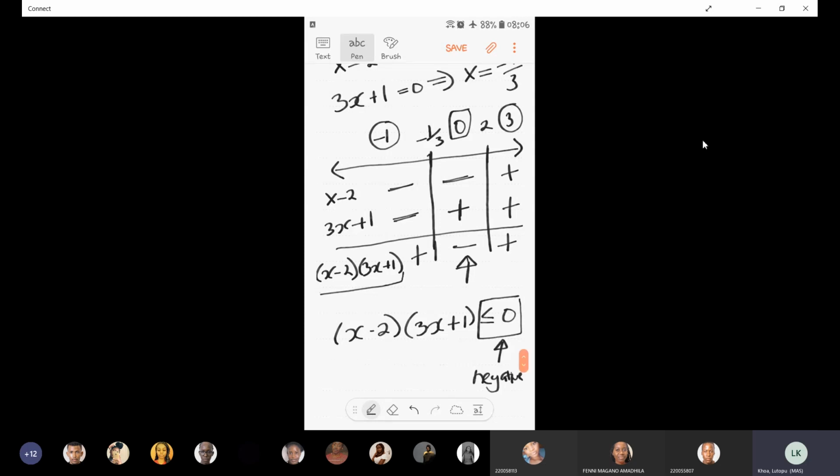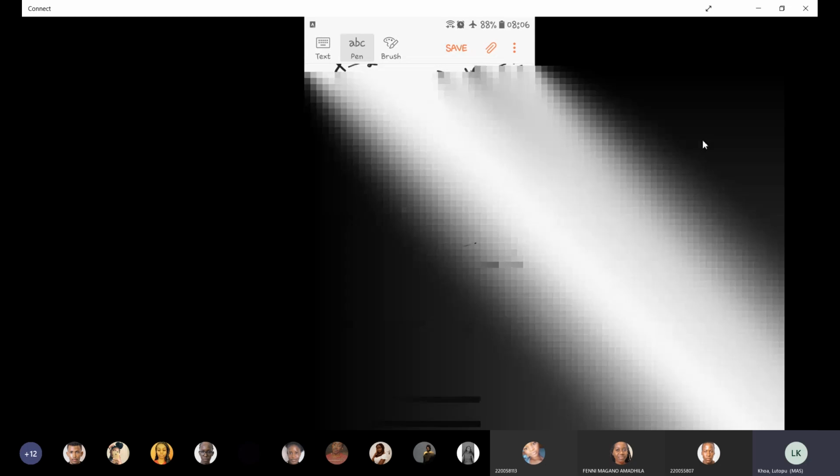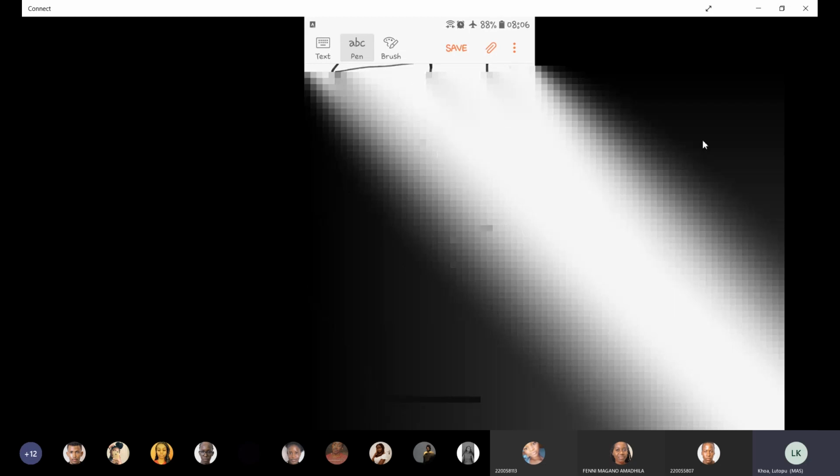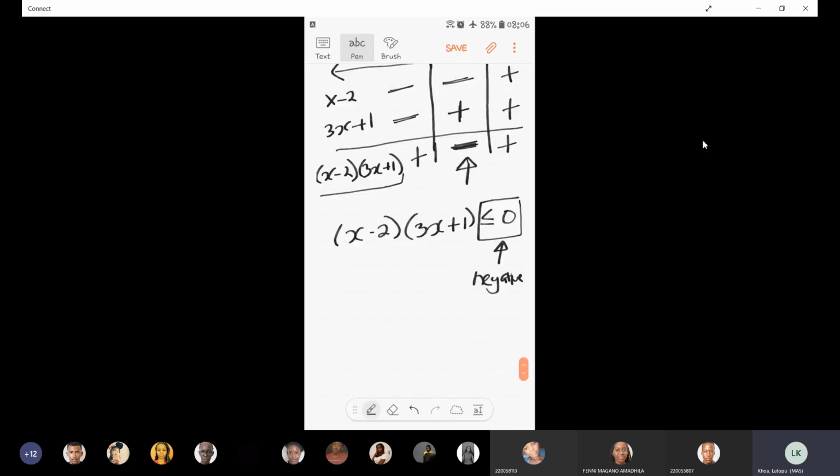So I go to my table. In the last row, the column that gives me negative, so that's that one over there. And that means the numbers between -1/3 and 2. So here, my solution, I will put this in square bracket because of the equal to under there.